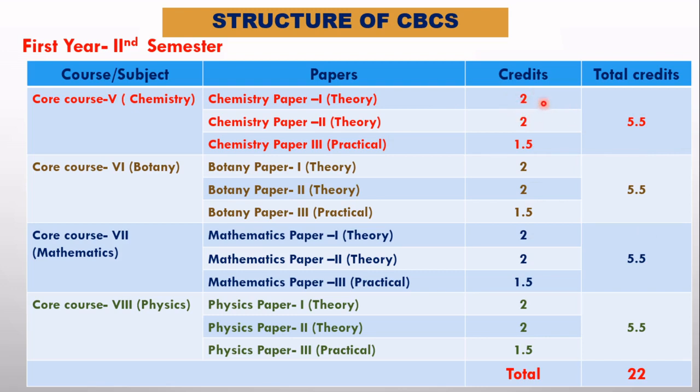Means two credits for both theory courses and 1.5 credits for one practical subject. So in this way, each subject in this semester also contains 5.5 credits. So here also the total of all these credits will come up to 22. So in this semester also the student has to earn credits out of these 22 credits. In this way we can see the first semester has 22 credits and the second semester has 22 credits. So this is for FY BSc.